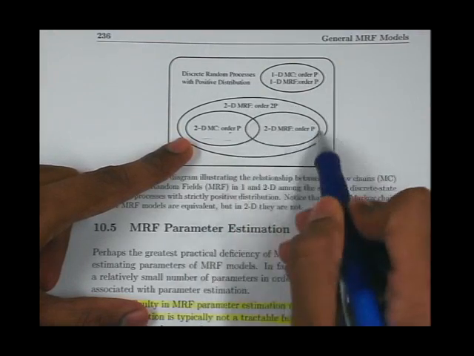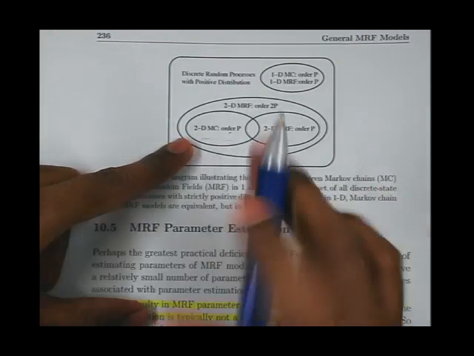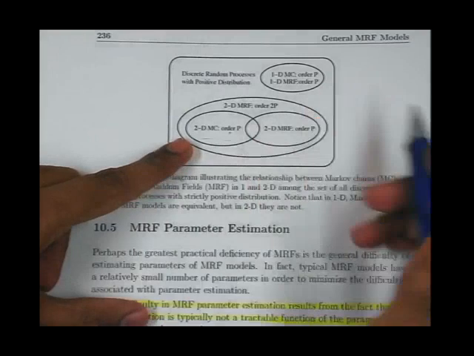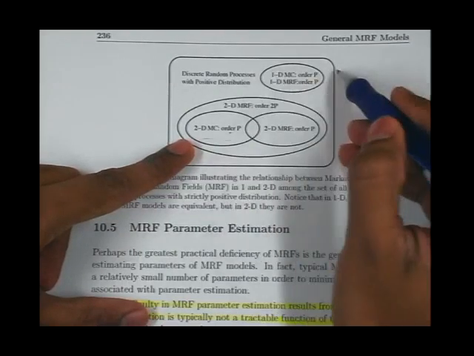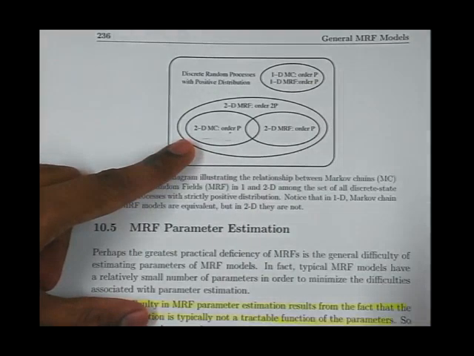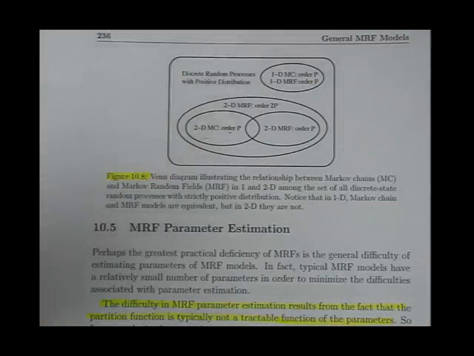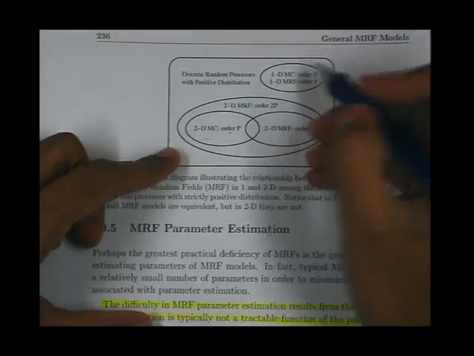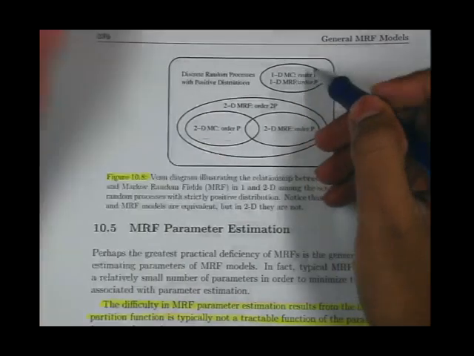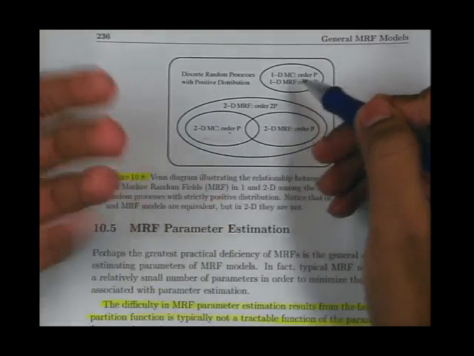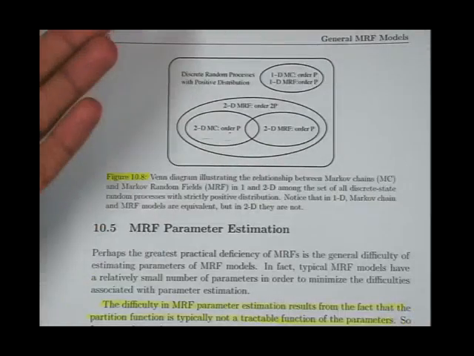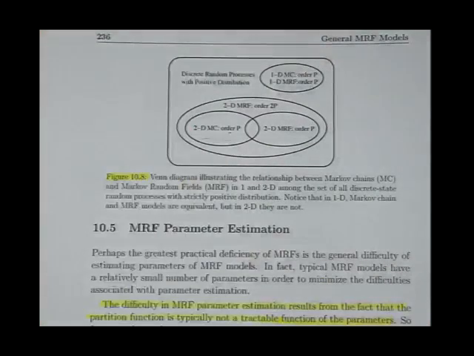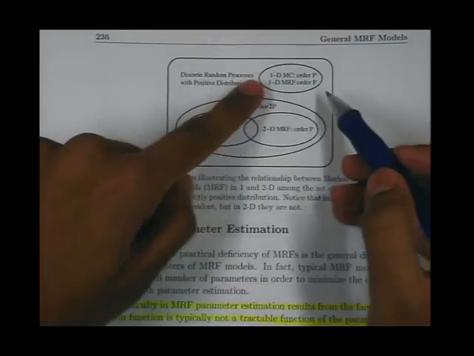Whereas 2D MRFs of order P need not be 2D Markov chains of order P. Whereas in the 1D case, we showed that they were both equivalent. So I guess the story this picture is trying to say is that when you have a 1D lattice or a directed acyclic graph type of structure, you can use a Markov chain or an MRF, and it turns out in 1D a Markov chain, there are a lot of nice results derived and they're much easier to work with.